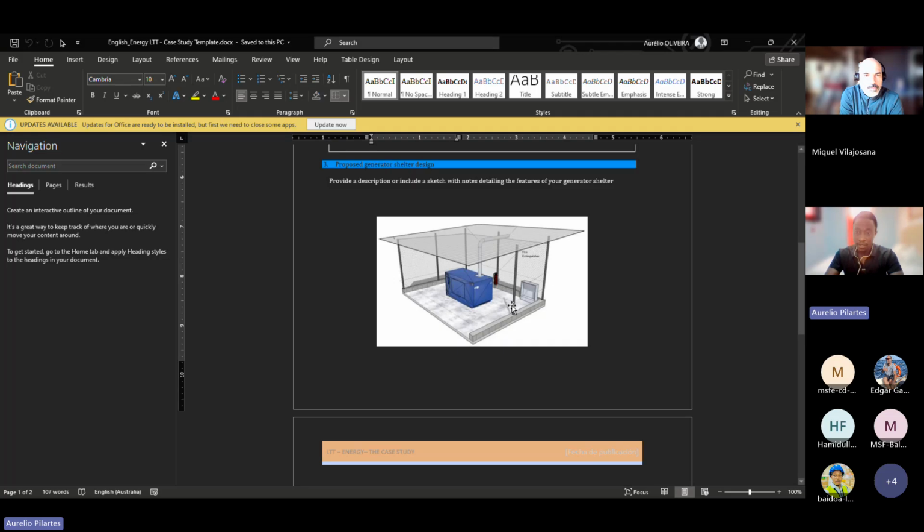So this FG Wilson generator already has this case to protect the generator against rain and this kind of thing. However, you could do the generator shelter with these fences here, as in the document.